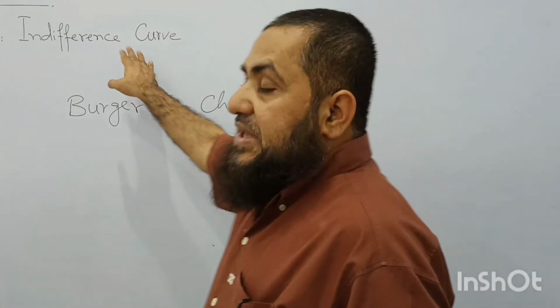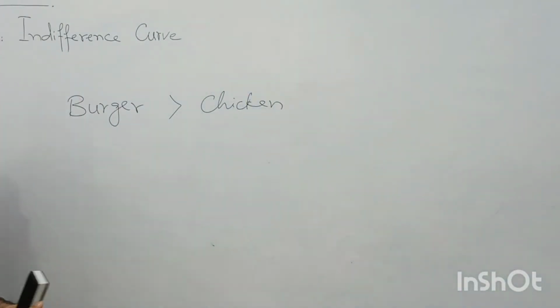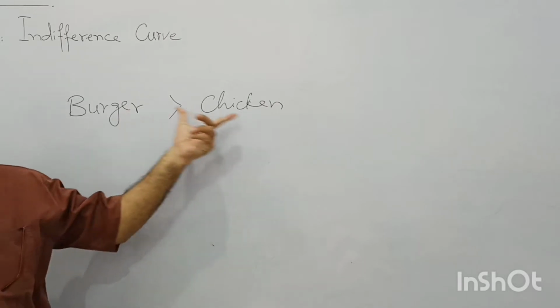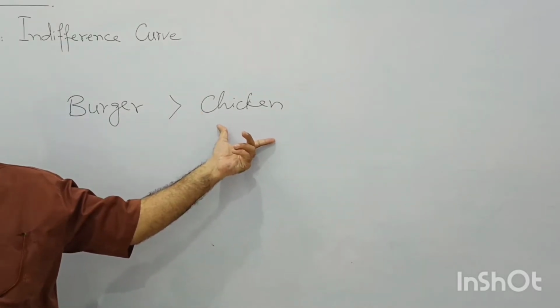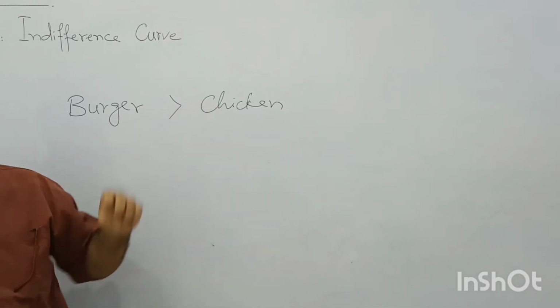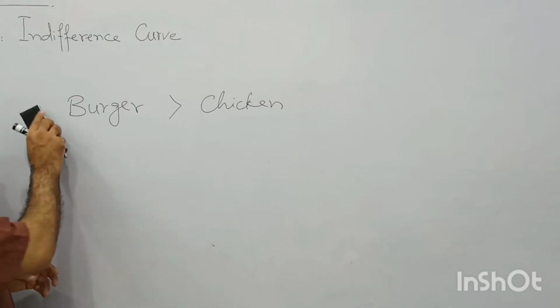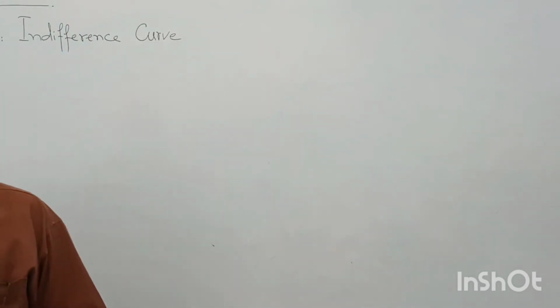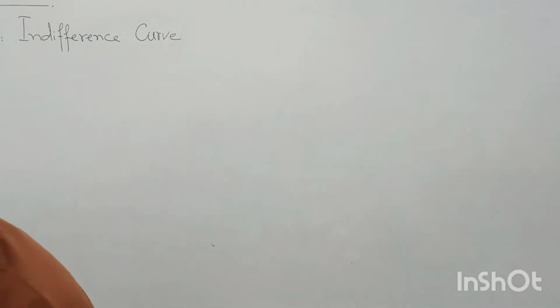Now, what is the meaning of indifference curve? Or what is the meaning of being indifferent? For example, when burger gives more satisfaction to the consumer than chicken, he or she will prefer burger over chicken. But sometimes you go to a fast food chain, maybe KFC or McDonald's, and there are two types of deals. One includes a burger, another includes chicken pieces.